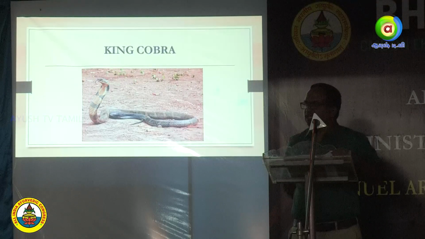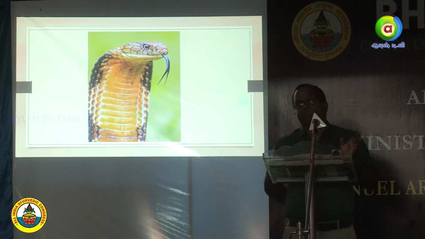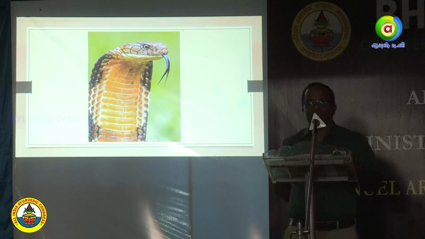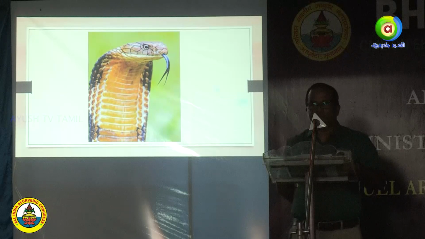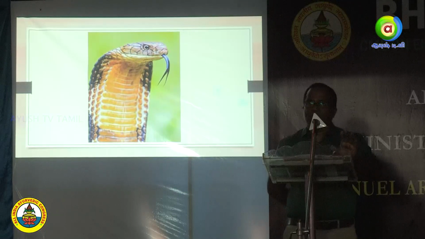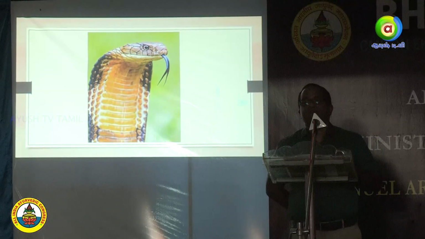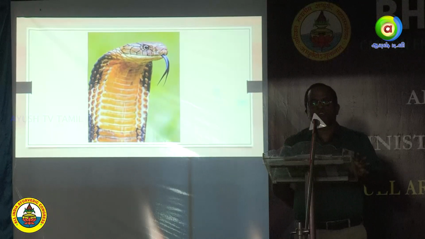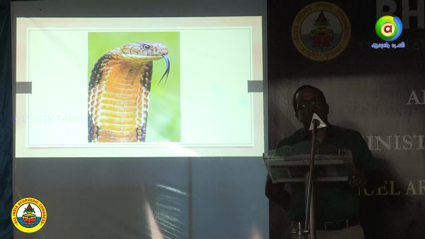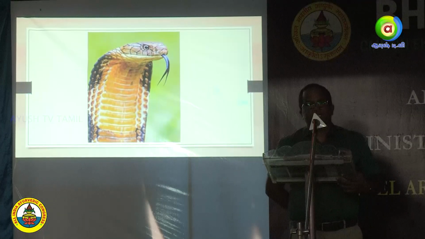Next, a distinguishing specialty: scales present on the head of the organism. There are 11 scales present. These are the peculiarities to identify whether it is a cobra or a king cobra. They appear in different colors, and when you examine the body, these king cobras will resemble Rajimanda.